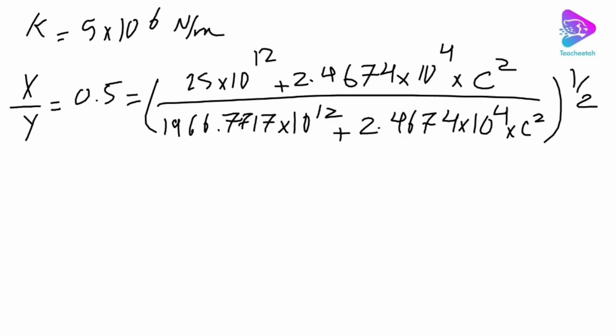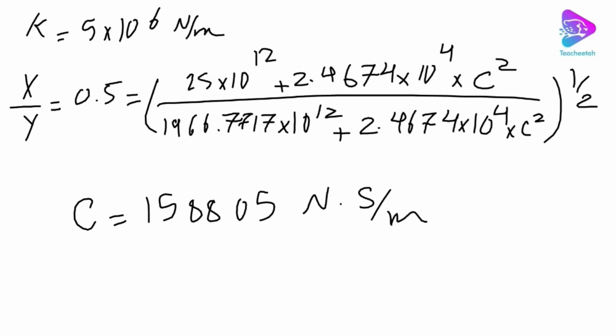Now we have only one unknown, which is c. You can do the cross multiplication and further simplification, and you can find c equal to 1.158805 Newton seconds per meter. The rest of it is just calculation.